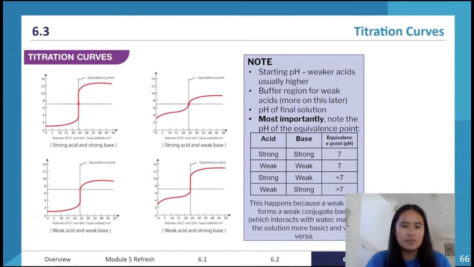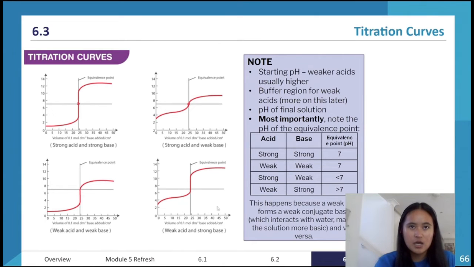If we look at the first one, the strong acid, strong base, the equivalence point happens at a pH of about 7, which checks out. It starts at a pretty low pH and ends at a pretty high pH. So that's how we know it's a strong acid, strong base.